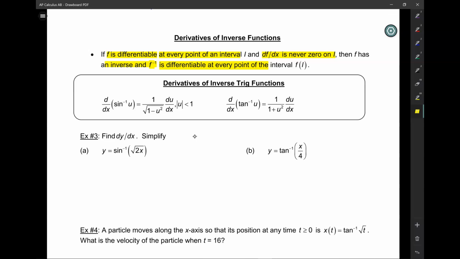Let's take this one part at a time. If f is differentiable at every point, then it has an inverse, and the inverse is also differentiable. Fine. But now, why does it also have to be that df dx is never 0 on that interval?